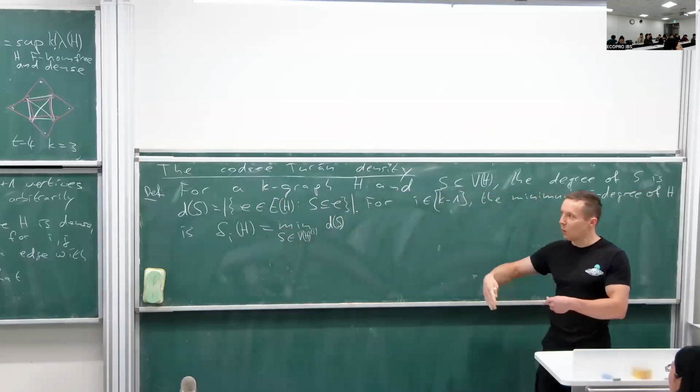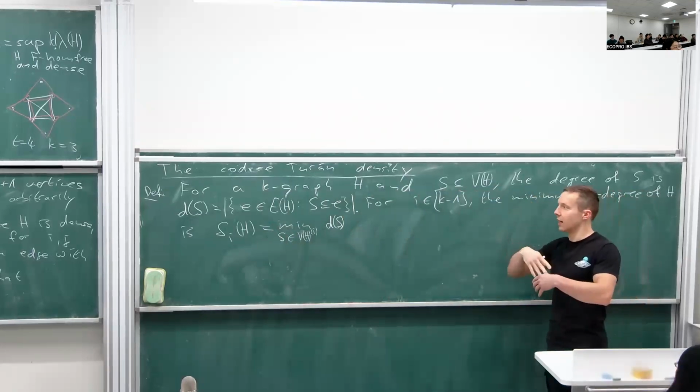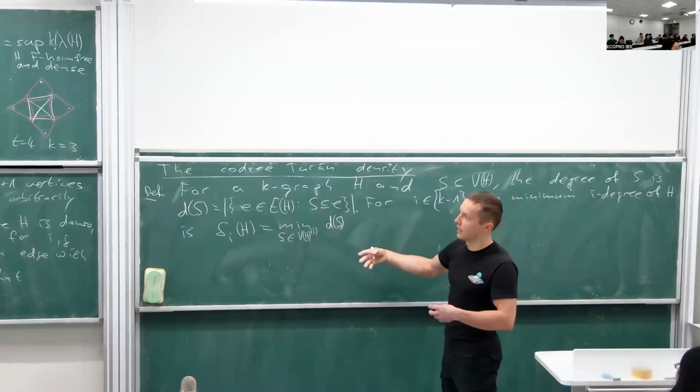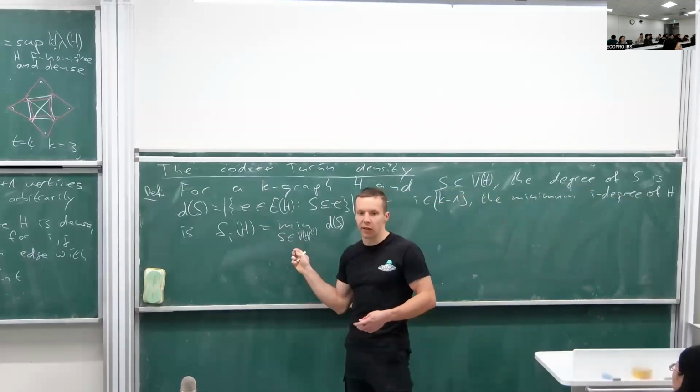One of the examples that I had in the beginning was Dirac's theorem for graphs. And by now we have some generalizations of that to hypergraphs, and this is the kind of minimum degree condition that is assumed.